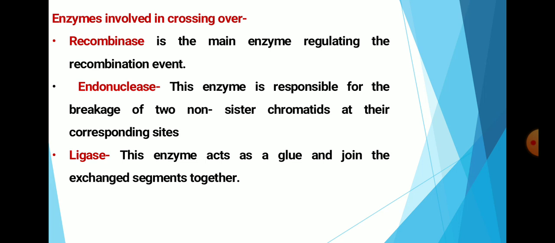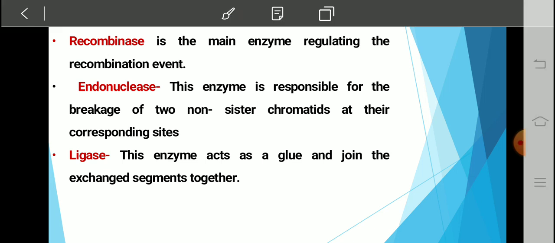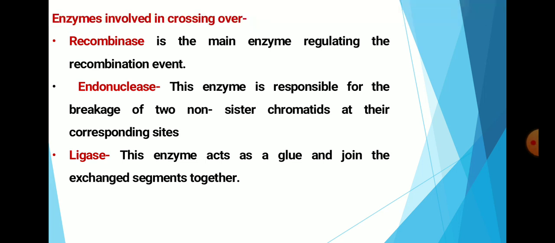The second most important enzyme required for crossing over is endonuclease, because endonuclease cuts the DNA. This enzyme is responsible for the breakage of two non-sister chromatids at their corresponding sites. And the third enzyme acts as a glue and is required to join the exchanged segments together. So these are the enzymes required for the process of crossing over.